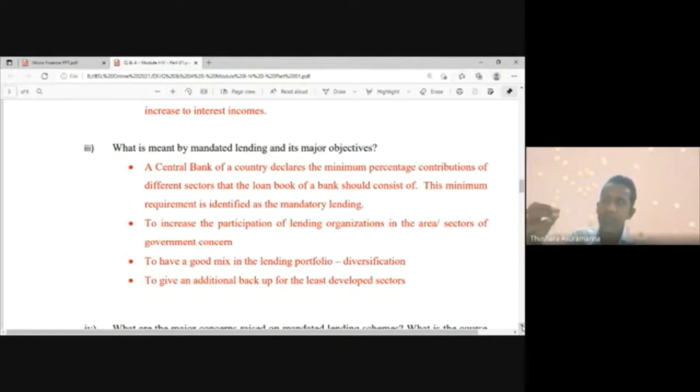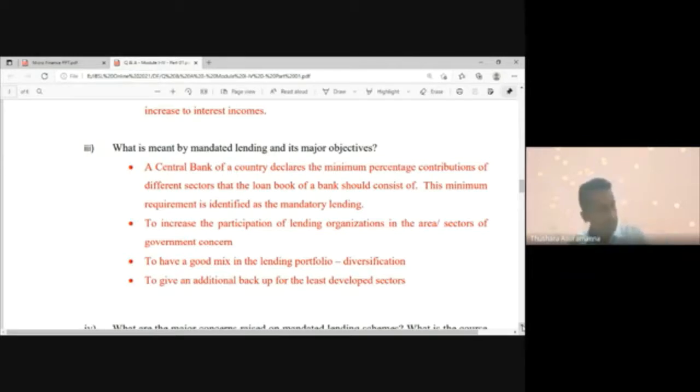There are some sectors the government might have identified as growth sectors or targeted sectors, or sectors that need additional support. So to increase participation towards those sectors, these mandated lending objectives are working. Number two, there may be diversification of your portfolio.